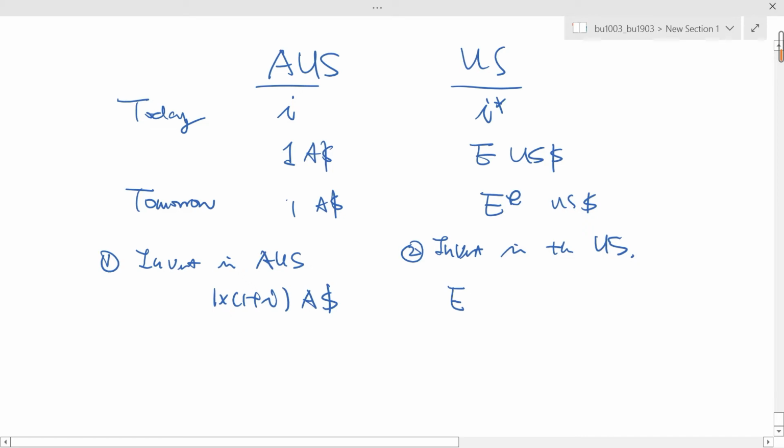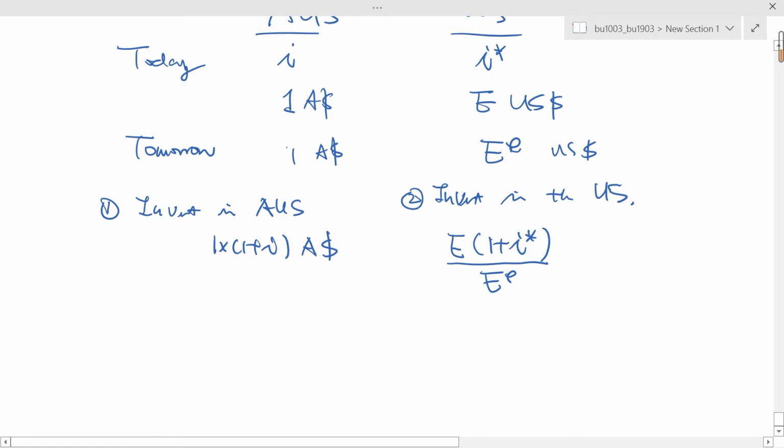Then I invest these E US dollars in the US, which has an interest rate of I star. So tomorrow I can get E times (1 plus I star) US dollars. Now that's in US dollars, and I want to convert it to Australian dollars, so I divide this by the expected exchange rate E^e. And this is in Australian dollars.